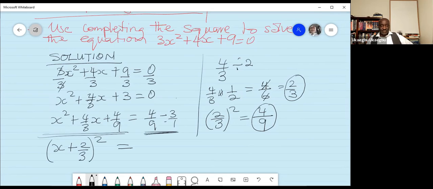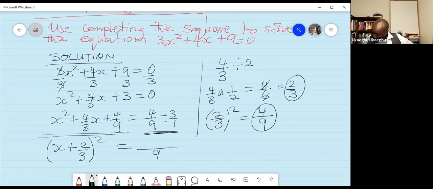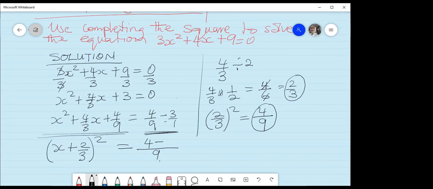Now how do we simplify the right side? Using your regular simplification of fractions. What's the denominator? 9. So 9 divided by 9 is 1, 1 times 4 is 4. Minus 9 divided by 1 is 9, and 9 times 3 is 27.